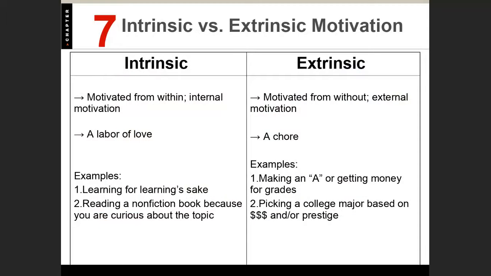Here's a little bit more on it. If you're intrinsically motivated, you're motivated from within, and whatever you're doing is a labor of love. Some examples are if you're learning for learning's sake, or if you're reading a nonfiction book because you're curious about the topic.